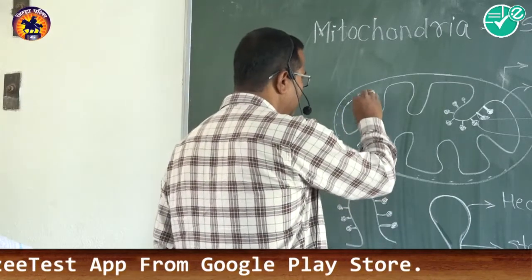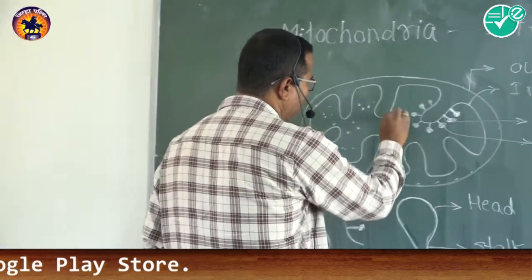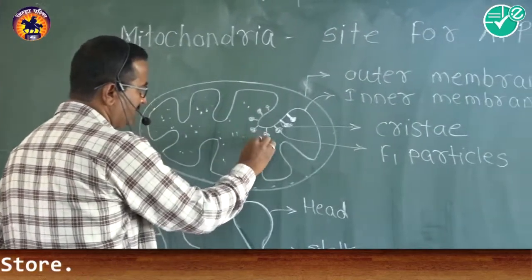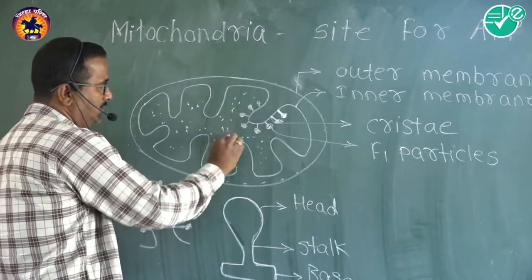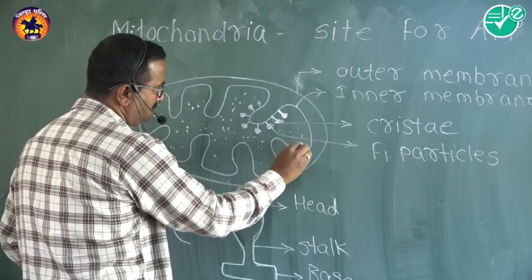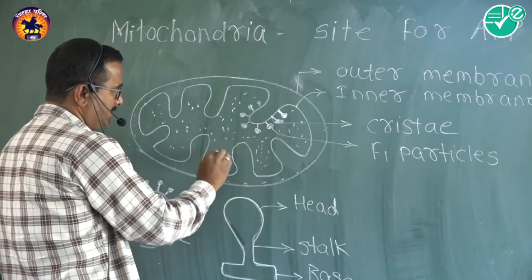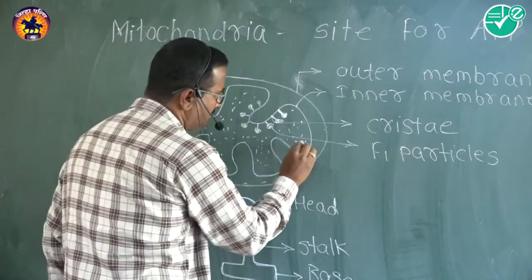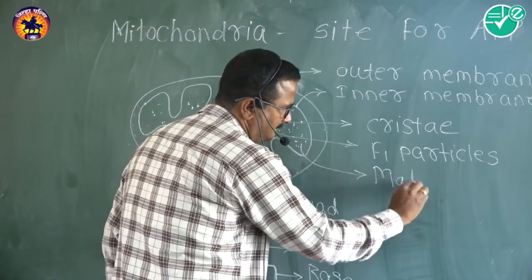Inside this inner membrane, there is a semi-solid homogeneous mixture, a fluid. This fluid is called the matrix.